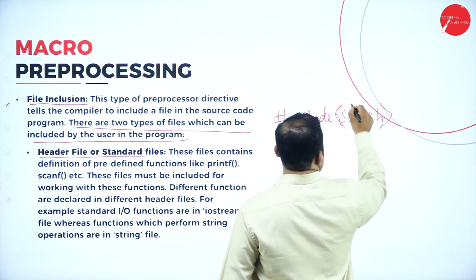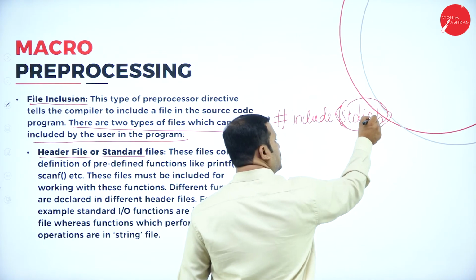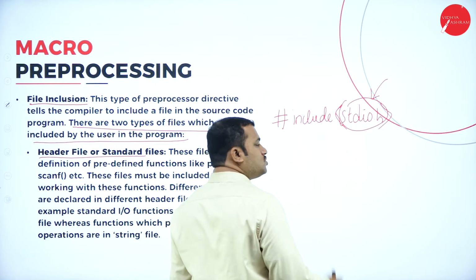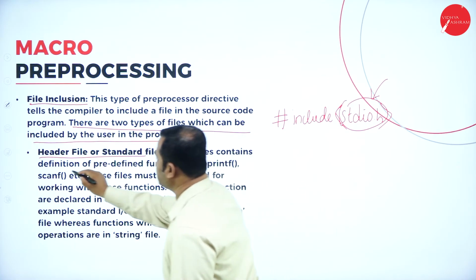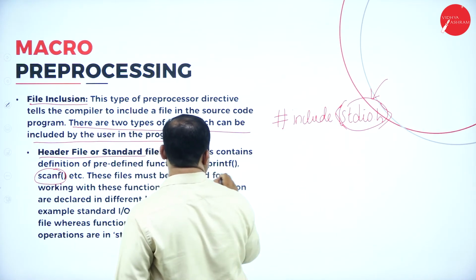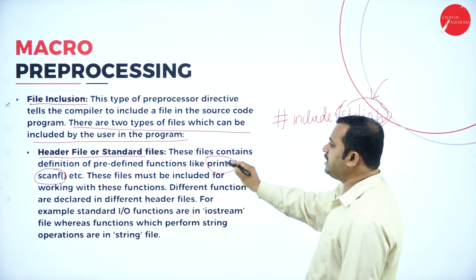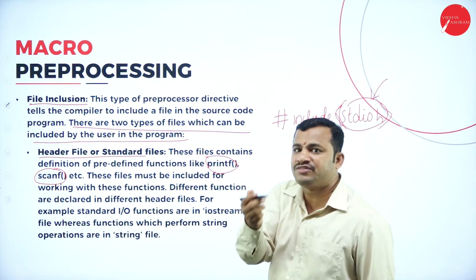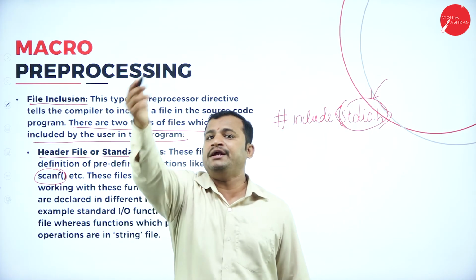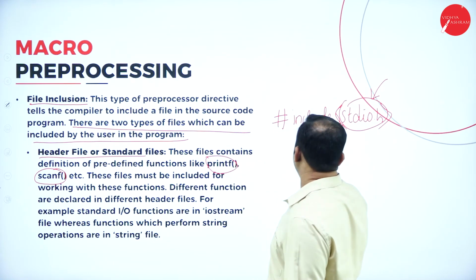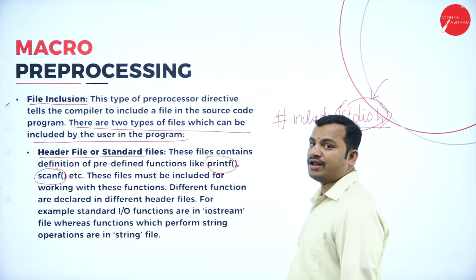This is a file with the extension .h that is included into the source program, so that functionalities such as scanf and printf are included. With the help of printf and scanf, I can receive input from a user and print output to the user. These operations can be performed with the help of this stdio.h file.